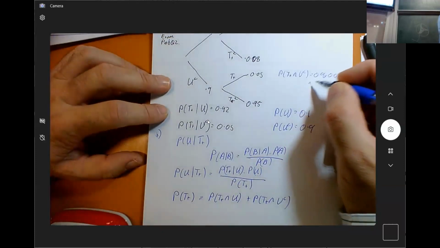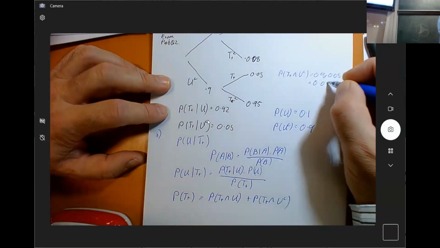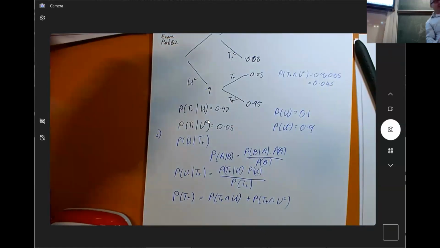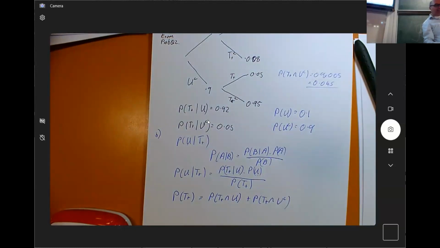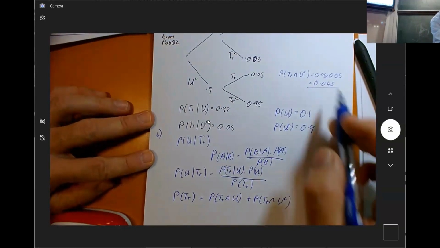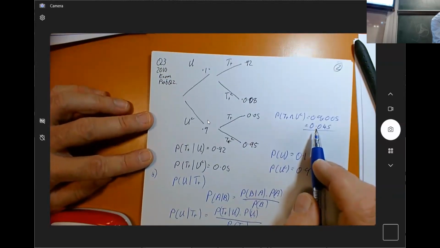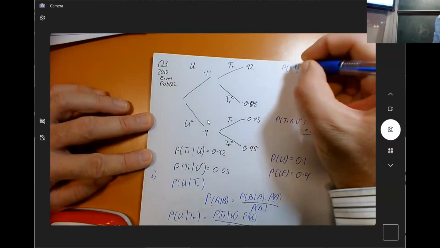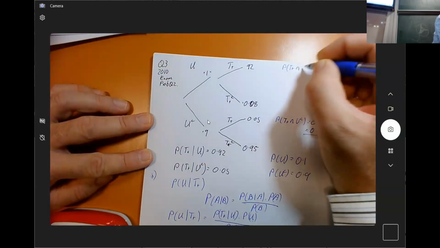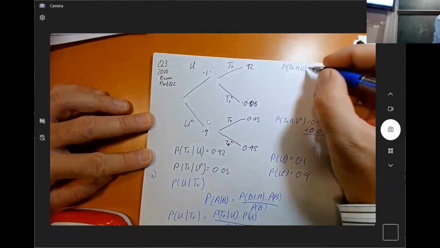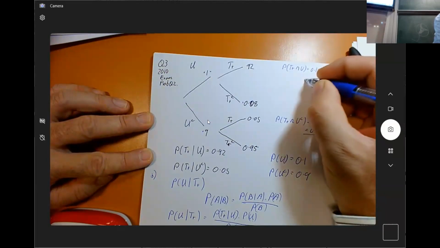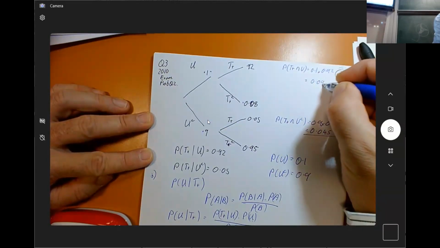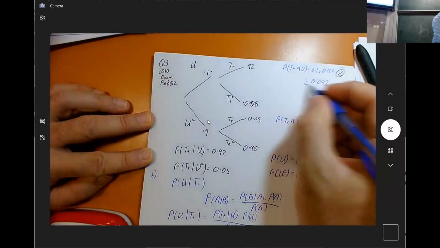So that number should be 0.045, I reckon. Feel free to check my maths because I forgot to bring a calculator to do my calculations for me. And so I've got this thing. If I go the same thing up here, probability of testing positive, given that we're using, and using, is equal to 0.1 times by 0.92, which would be equal to 0.092, conveniently making my life nice and easy.